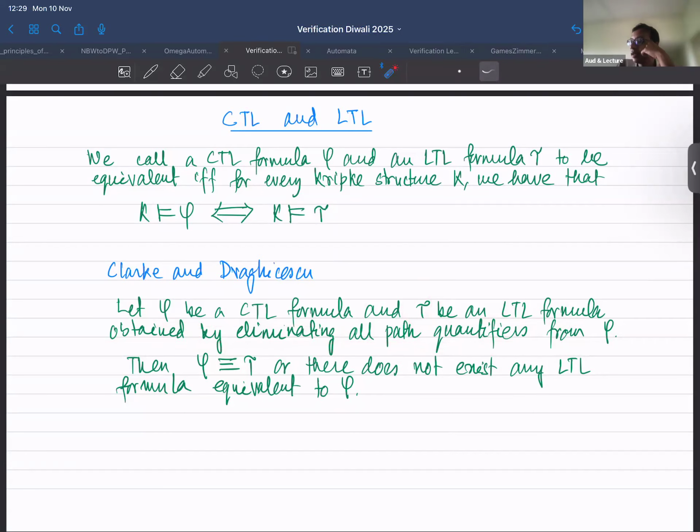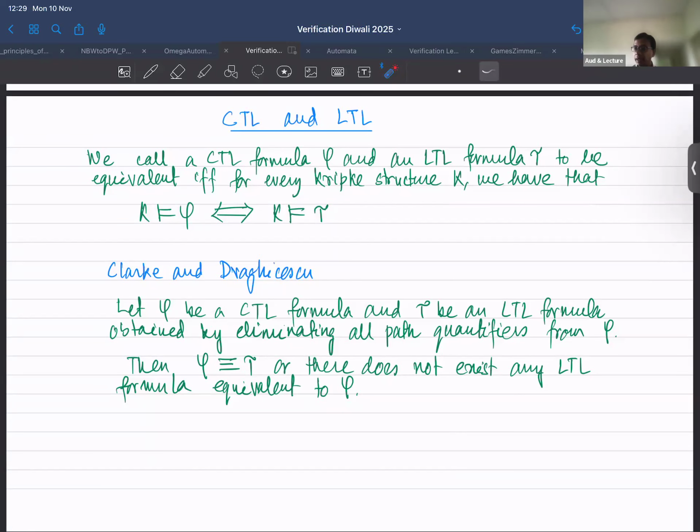Then either phi is equivalent to tau, or there doesn't exist an LTL formula equivalent to phi. We'll not go through the proof, but I think the statement is clear, right?